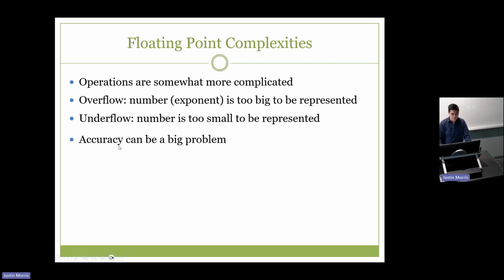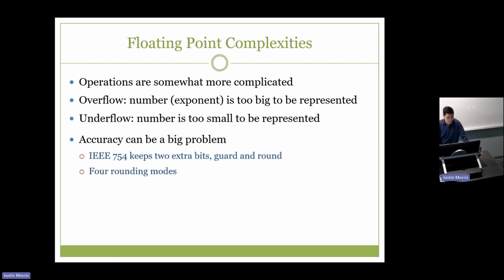Accuracy can be a big problem depending on your numbers. If the mantissa bits are too long, they can get truncated. You only have 23 bits. If it goes beyond that, say it's repeating, then you are going to have some error. There are different rounding modes to reduce your error if you know the distribution better.